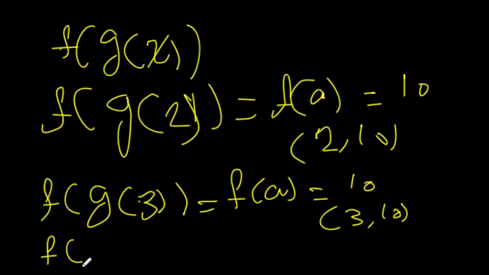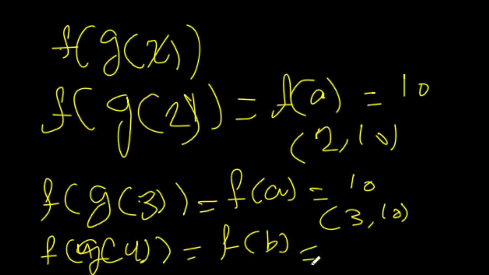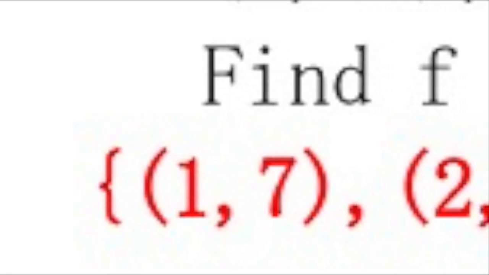And for the last element, g of 4 is b, and f of b under the function f is 7. So the fourth pair is 4 and 7.